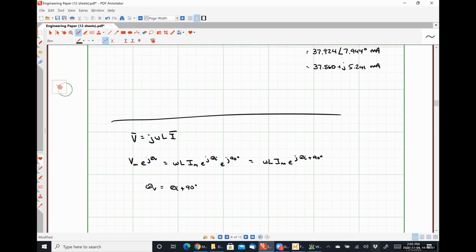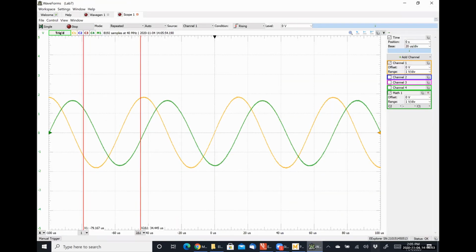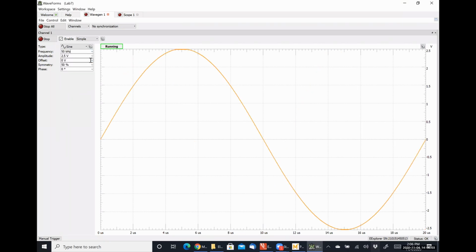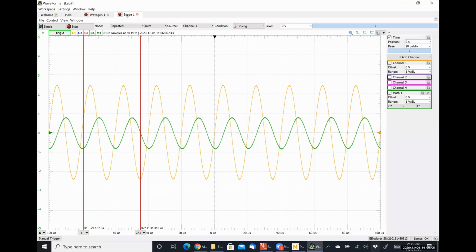All right, let's pop back over here. So if we change the frequency to 50 kilohertz, and we look at our signal, how does it affect the output? Okay, so the position of leading and lagging will not change ever in an inductor, all right?